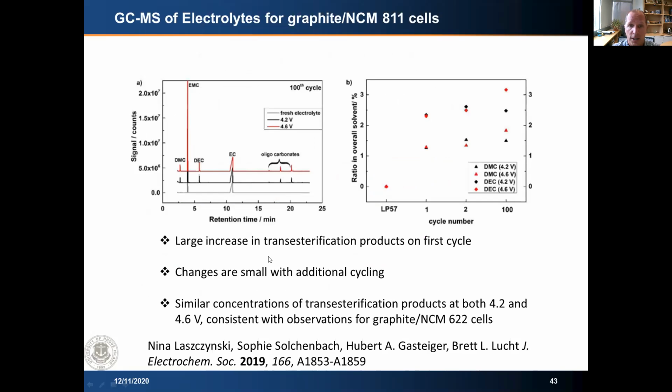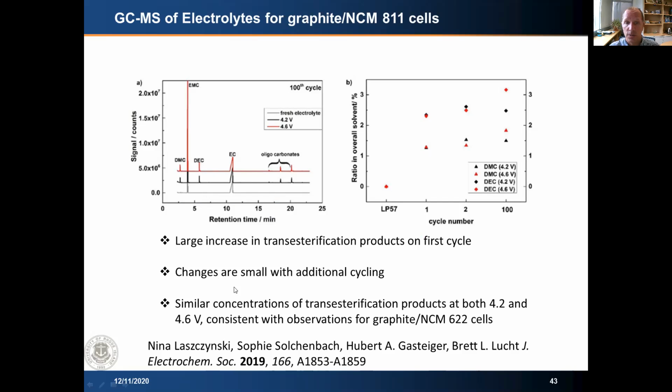Once again, we see large increases in the transesterification products on the first cycle, but there's not really a significant difference between the cells cycled to 4.2 volts and the cells cycled to 4.6 volts. If we continue cycling the cells at the different voltages up to 100 cycles, we see basically no significant difference in the overall concentration of the oligocarbonates or of the transesterification products of dimethyl and diethyl carbonate.